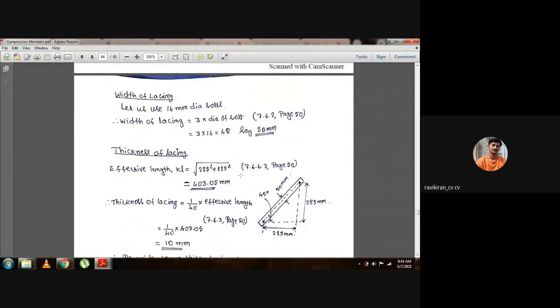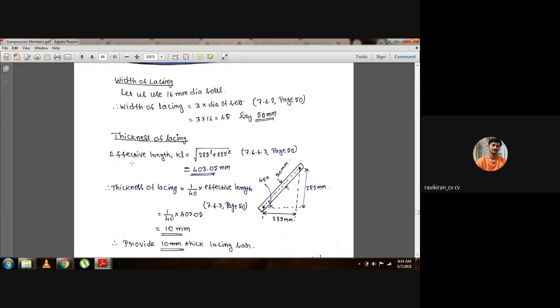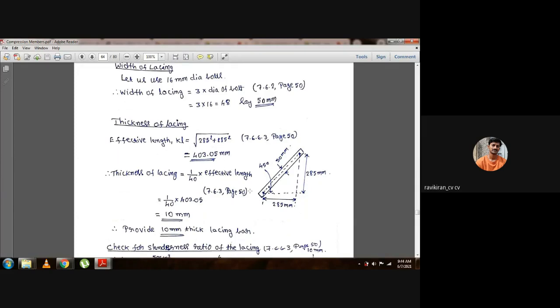And what is the thickness of the lacing? Thickness will depend on the effective length. This is also provided. What you should consider is page 50, clause 7.6.6.3. That is effective length KL is equal to, if you look at this diagram, square root of 285 squared plus 285 squared. How did you get this 285?